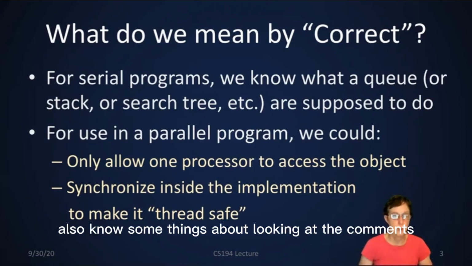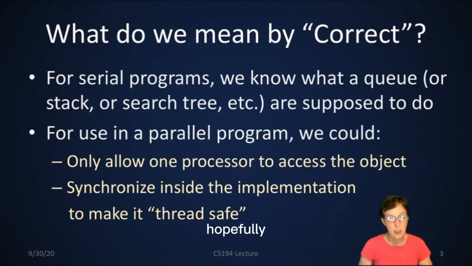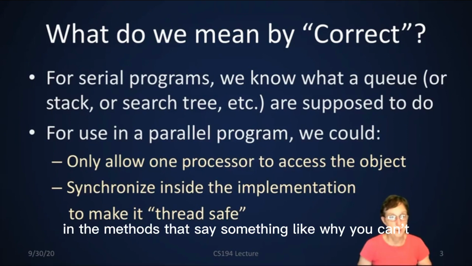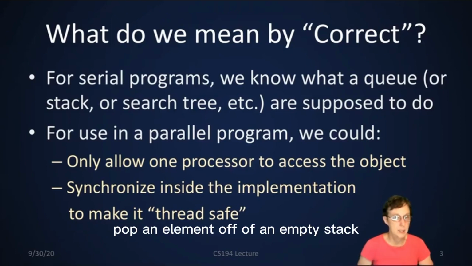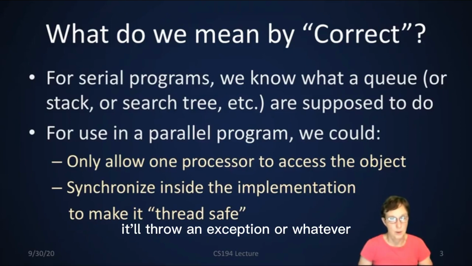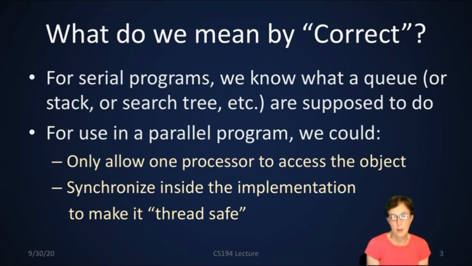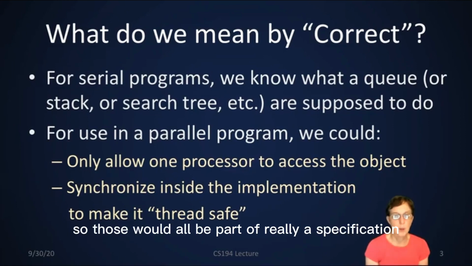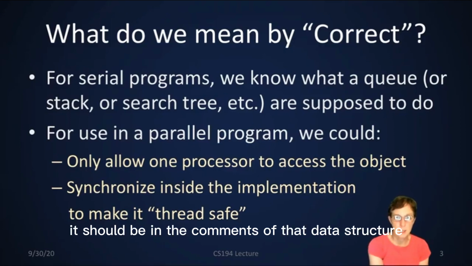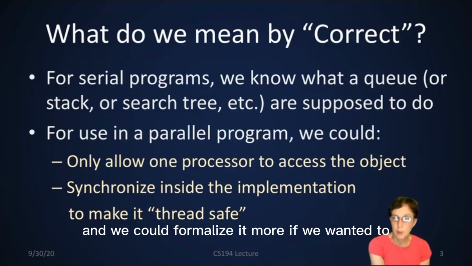We may also know some things by looking at the comments, hopefully, in the methods that say something like, well, you can't pop an element off of an empty stack, it'll throw an exception or whatever. And you can look for something that's in a search tree, but if it's not there, you're not going to find it. So those would all be part of really a specification. It should be in the comments of that data structure, and we could formalize it more if we wanted to.